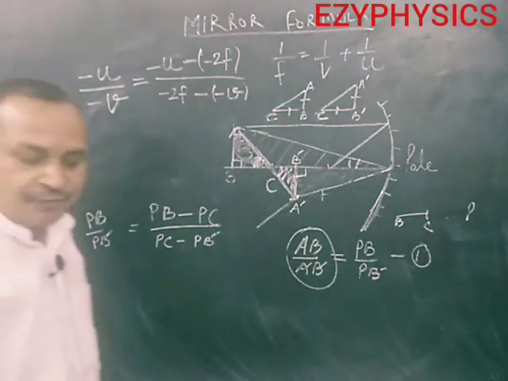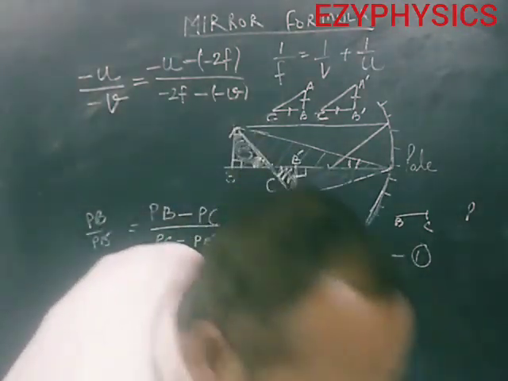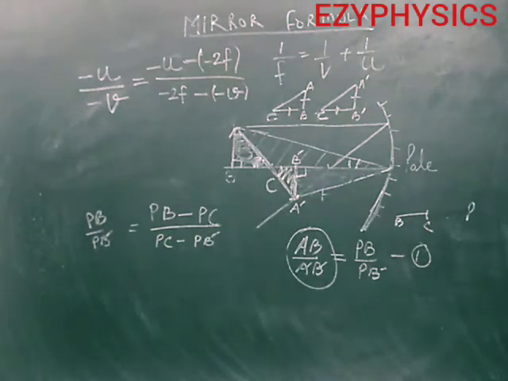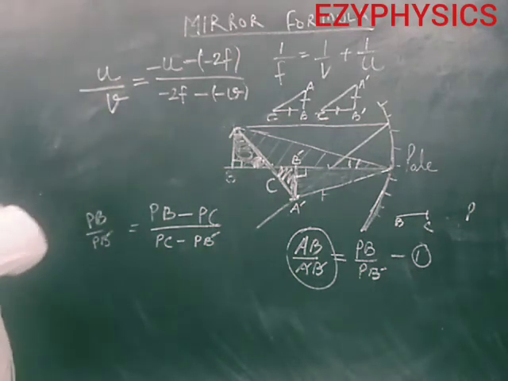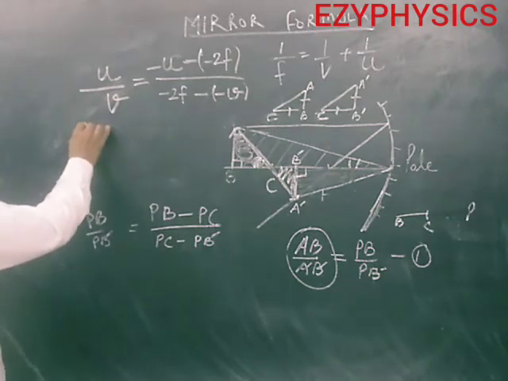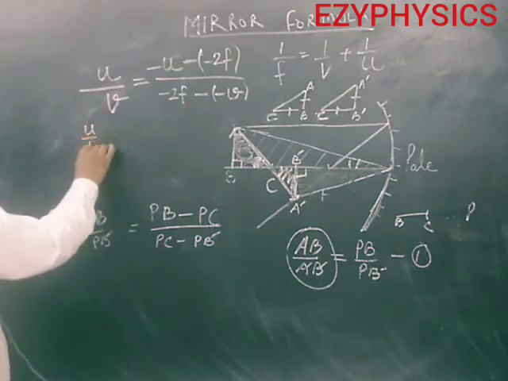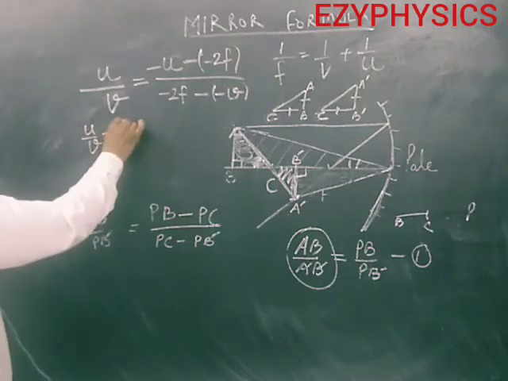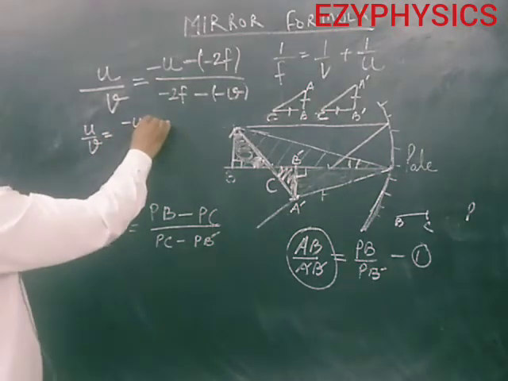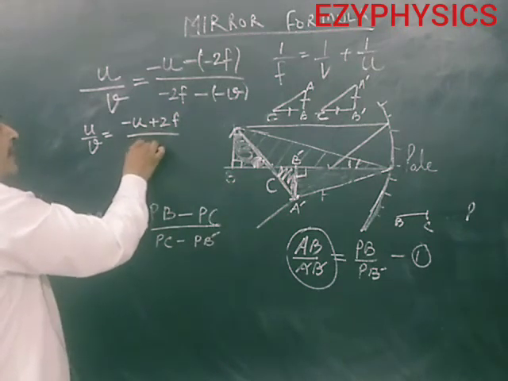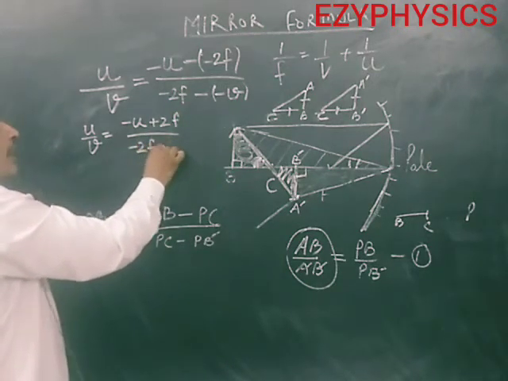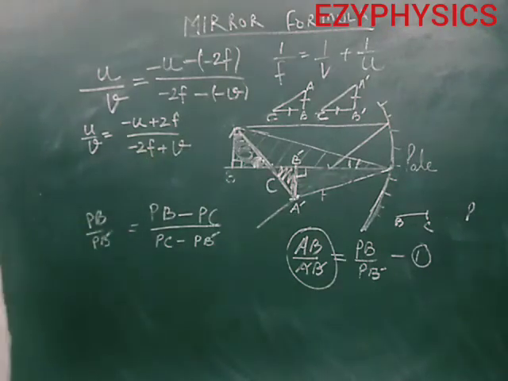So now my dear friends, you can simply open this all and get your required derivation. I will cancel this minus with this minus and let us see what happens. u over v is equal to minus u plus 2f over minus 2f plus v.